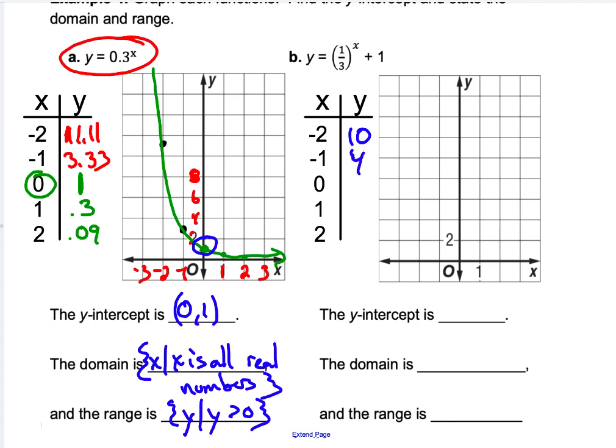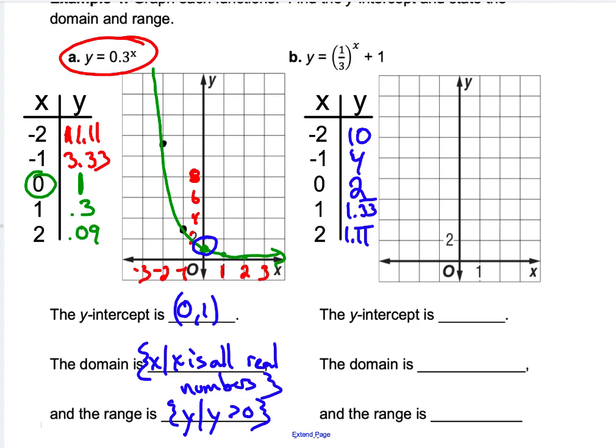If I plug in 0 for my power, that gives me 1 plus 1 is 2. Then I have 1/3 to the first power, that's 1/3, plus 1 is 1 and 1/3, or 1.333 repeated. Or 1/3 to the second power, plus 1 is 1.11 repeated, or 1 and 1/9.